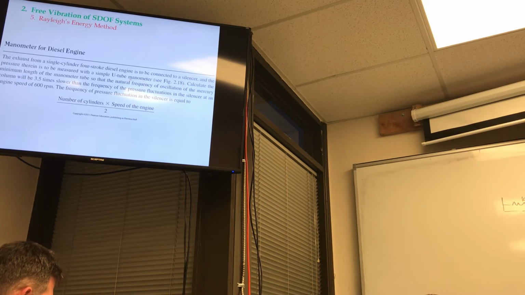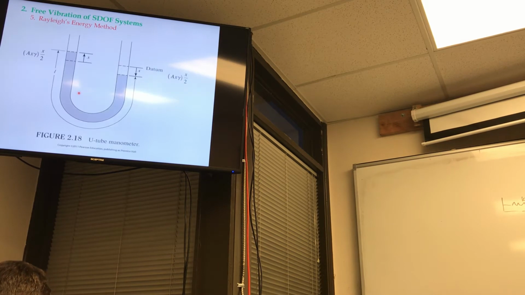And I'm just gonna do the first part of this problem, I'm not gonna do the deep part of it, okay? Because it's really pointless. Calculate the minimum length of the manometer tube so that the natural frequency of oscillation of the mercury column will be 3.5 times slower than the frequency. He complicates the problem for no reason, really. 3 times this, okay? So the part that I'm interested in is this one, okay?